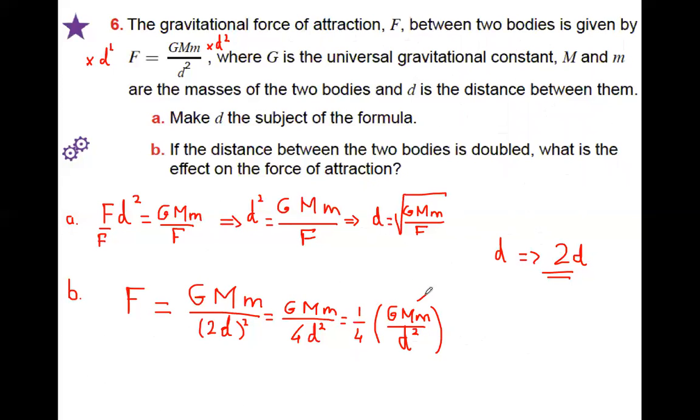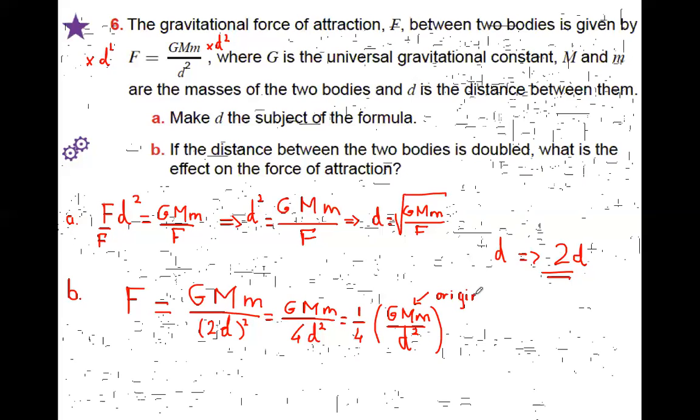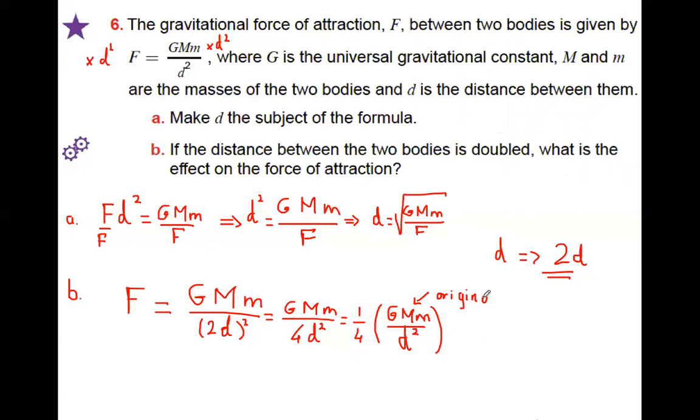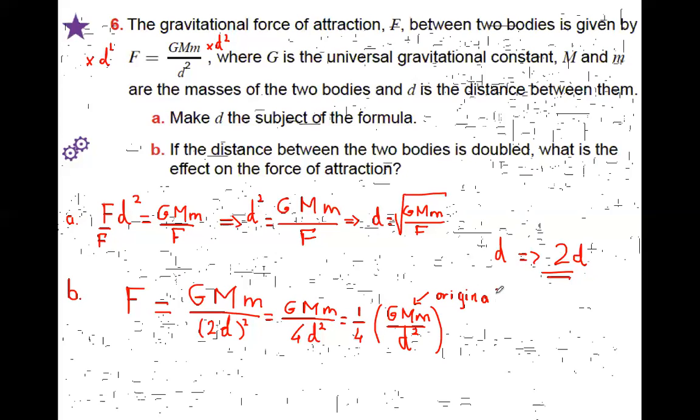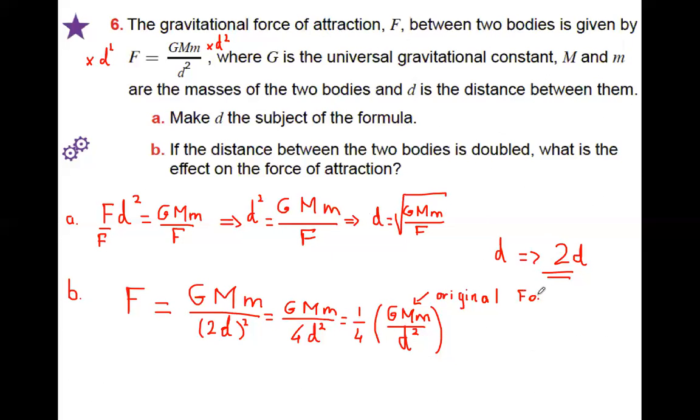That's what we were trying to aim at, and see what doubling D has done to the force of attraction. So your answer to B would be the force has been divided by 4.